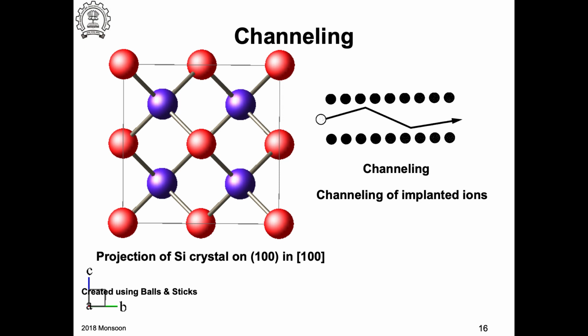For example, you are looking at this from this side, and you see a channel. If I now shoot ions straight in, the ions that hit the channel may go deeper. That is the idea of channeling.